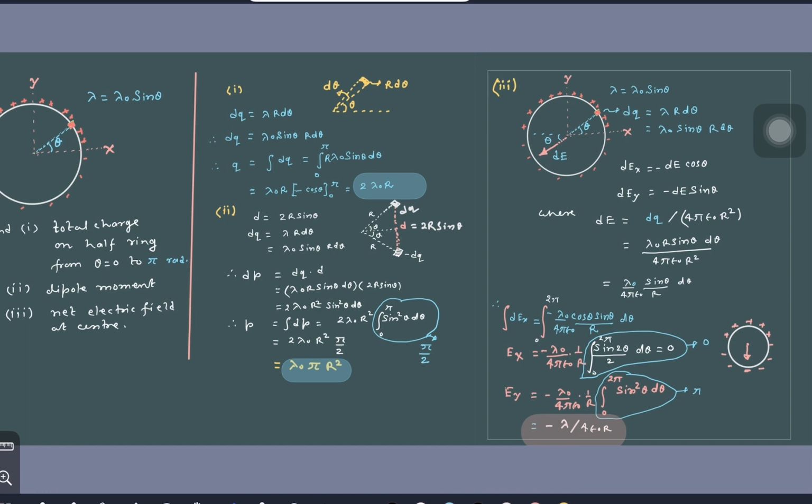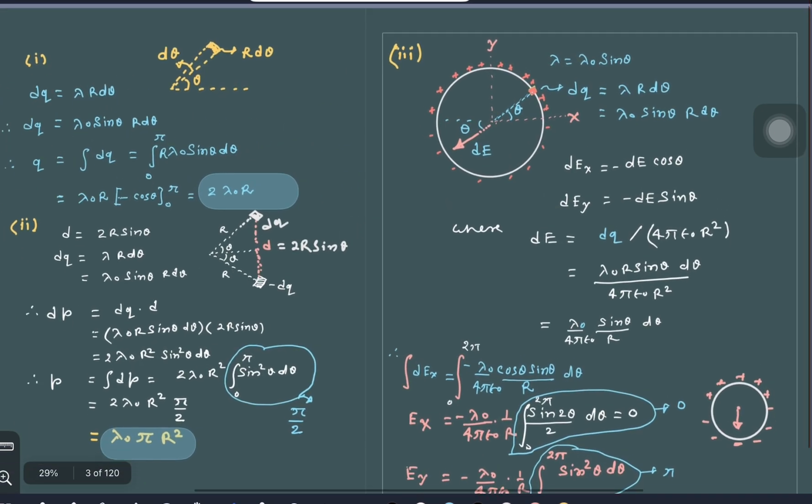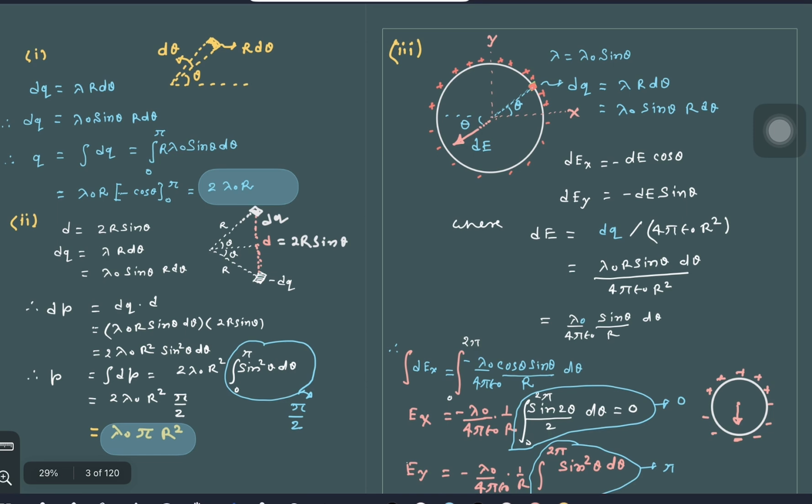Again consider dq charge, like earlier, which is spread over an angle d theta, and that dq will be given by the same expression as earlier, lambda naught sine theta r d theta.